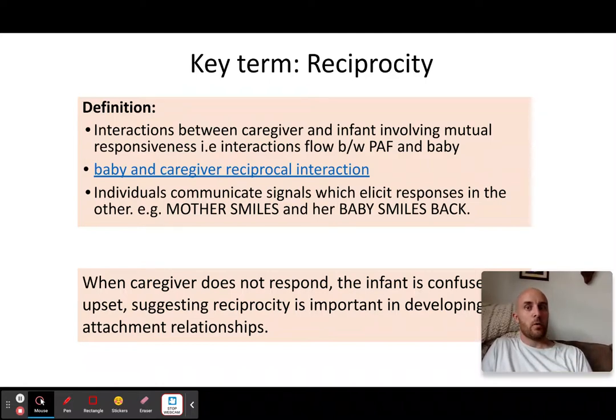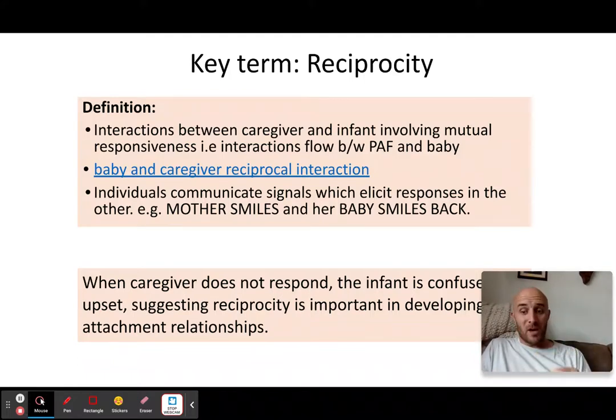That's really important. When you reciprocate something, you do something afterwards. So, in terms of interactions between caregiver and infants, this involves what we call mutual responsiveness. So, the interactions will move from the caregiver to the baby, from the baby to the caregiver, and it will go back and forth, back and forth, back and forth.